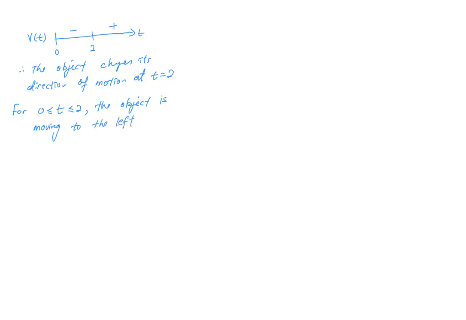Then for t greater than or equal to 2, the object is moving to the right. So if the question asks, when is the object moving to the right, then you have to draw the sign diagram of v(t) to answer this question. Okay, done? 1, 2, 3, done.